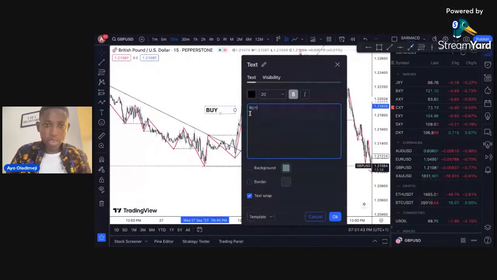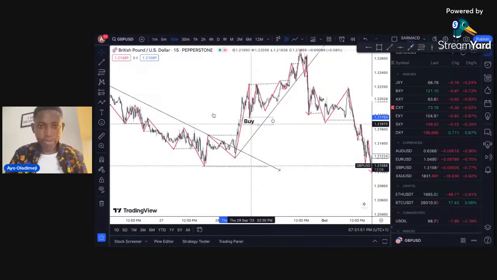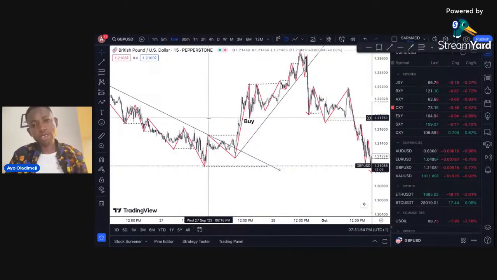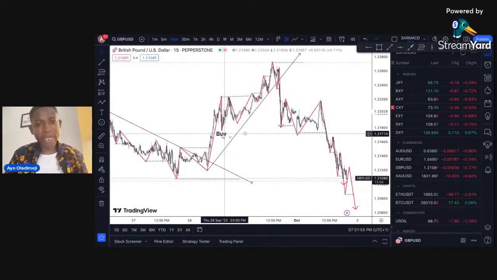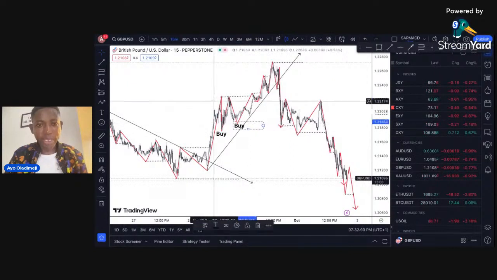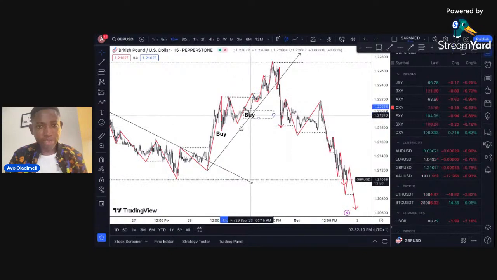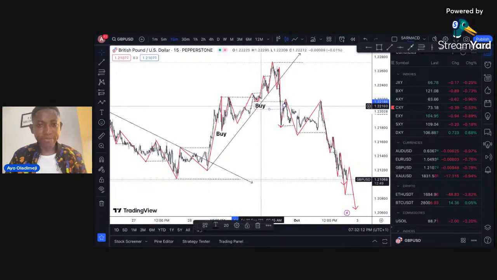Okay, so you buy at the pullbacks. Don't forget, wait for a high to be broken. So yeah, this high has to be broken before we can think about buying. So the moment this move here broke it, this should have been the next place to buy from.